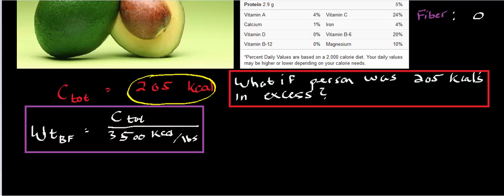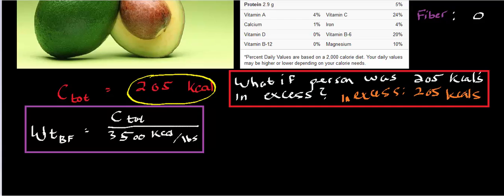But let's say right at the very end of the day, maybe an hour before they went to bed, and after that they watched TV, but right before they did that, they ate this 1 cup of avocado, which means that if they burned 2,000 before that and ate 2,000 before that, then if they eat this cup of avocado, they're going to be 205 kcals in excess. So that's sort of like saying this person ate 2,205 calories and burned 2,000.